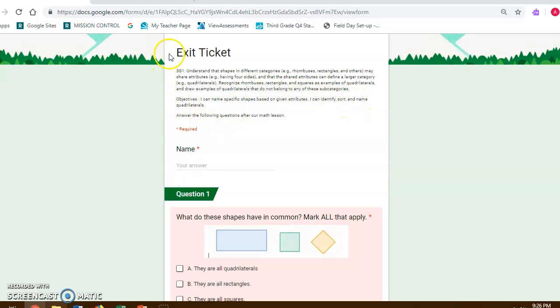I would do it based on specific skills and at the end do a full assessment. But for exit tickets, it should just be that specific skill that you taught that day. Exit tickets are definitely beneficial in helping you have data to see what your students know, what misconceptions they may have, and also what they don't know.